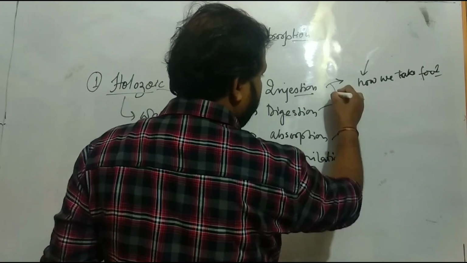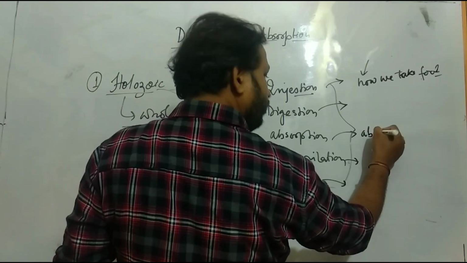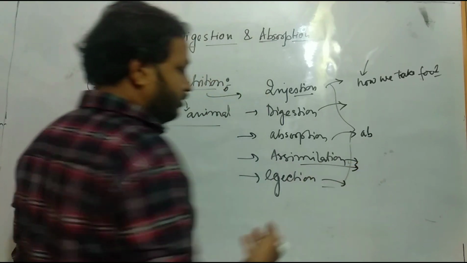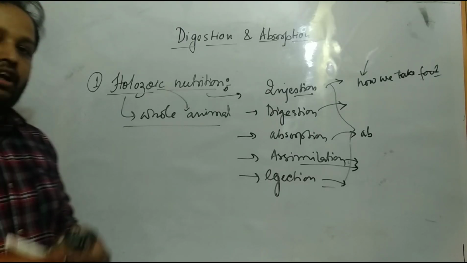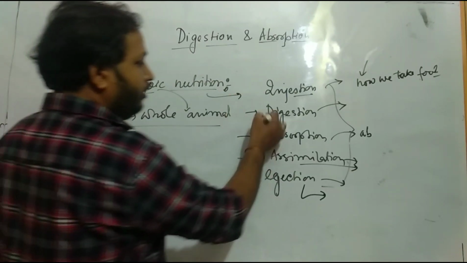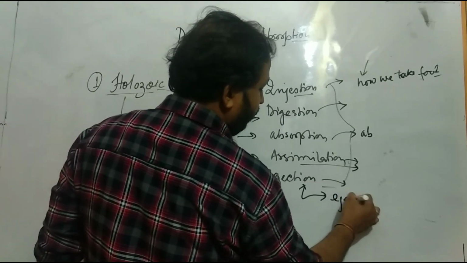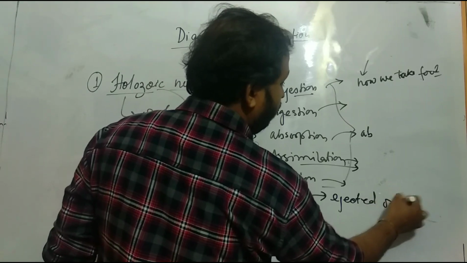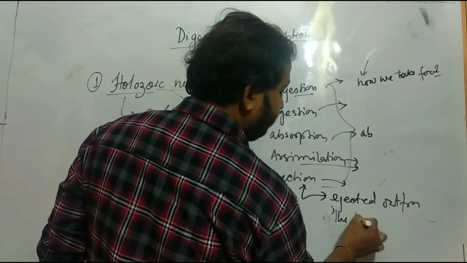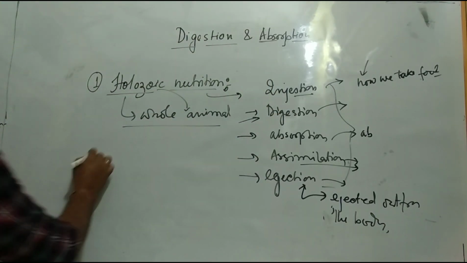Digestion I have discussed a little earlier, and absorption means the food molecules are absorbed from the intestine or some other parts, and then assimilation is the transfer of these food molecules in different forms to different parts of the body, and ejection is that whatever debris is produced during digestion should be ejected out from our body. This is ejection. Okay. Now I move to the next type.